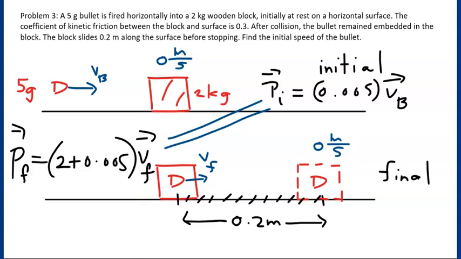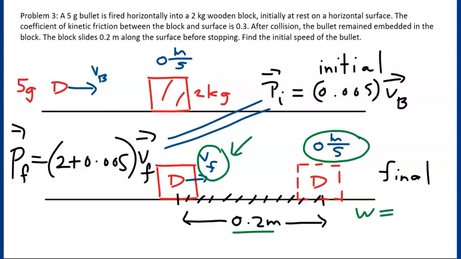Note that the system takes off with speed Vf, and then it comes to a complete stop after traveling 0.2 meters. So we can use the work-kinetic energy theorem to get the takeoff speed of that block-bullet system. So what is the work? Work is done by friction.